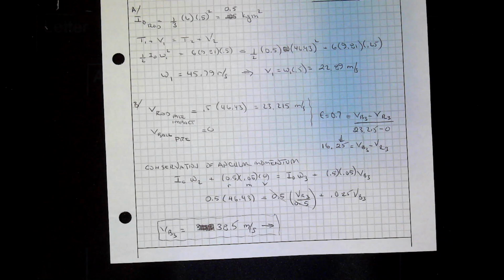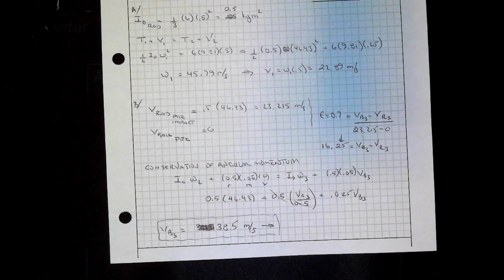So when we go to use the coefficient of restitution, I set it up with the ball post-impact minus rod post-impact down at the bottom. Then here we have rod prior to impact down at the bottom minus ball. So they're always in diagonals like that. Solving, we come up with 16.25 equals the ball post-impact minus the rod post-impact.